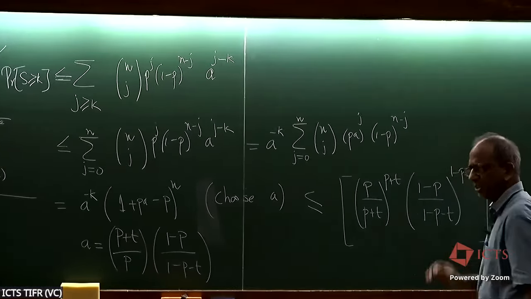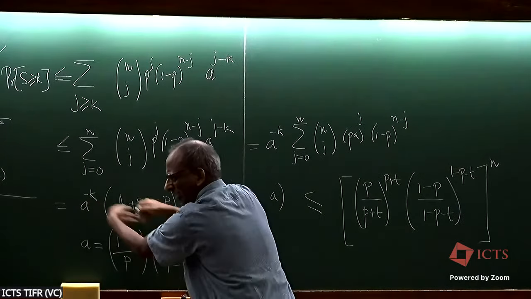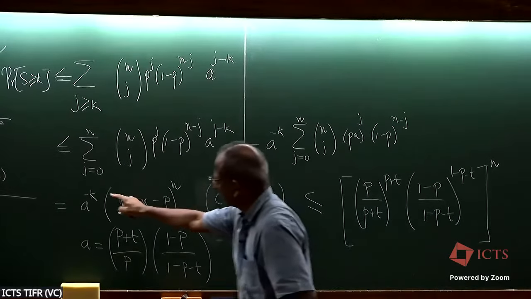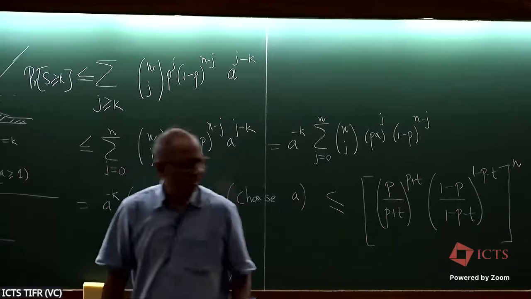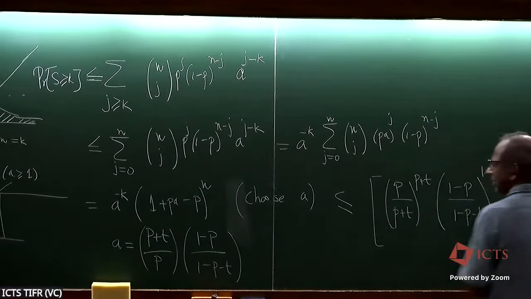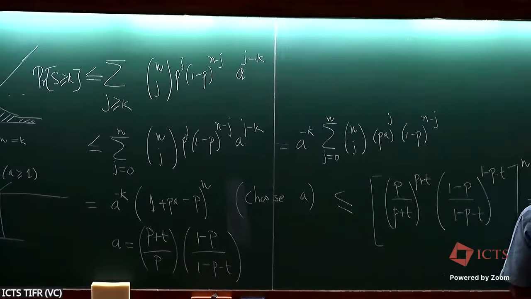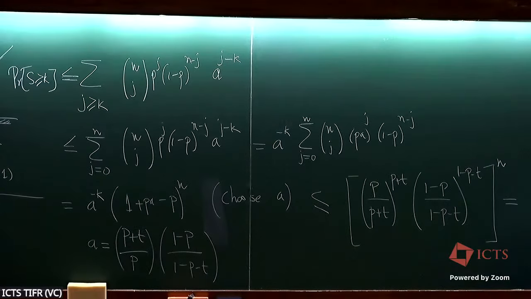Trust me, if you take this value of A, put it in this formula, rearrange, play around, and recall that k was p plus t times n, then you will get this expression. It doesn't look like we are going anywhere, but let me write it as something. There is an n.